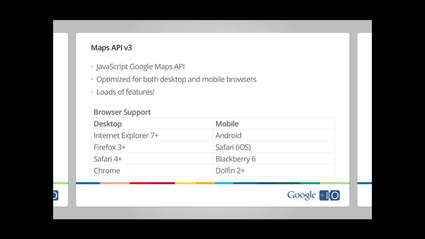You'll notice IE6 isn't listed here. While the Maps API will work in IE6 and will not break, there are certain features that will degrade well, but won't be available to IE6. But you can rest assured that your map will continue to work and function with Internet Explorer 6.